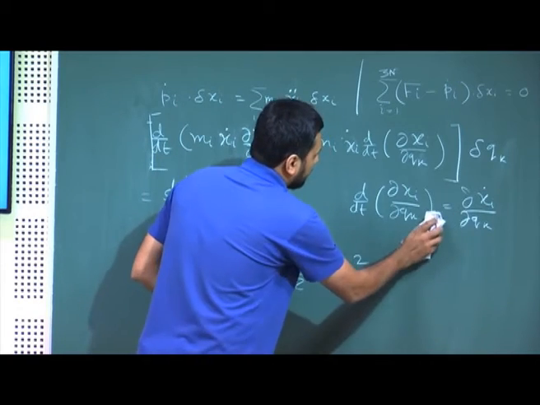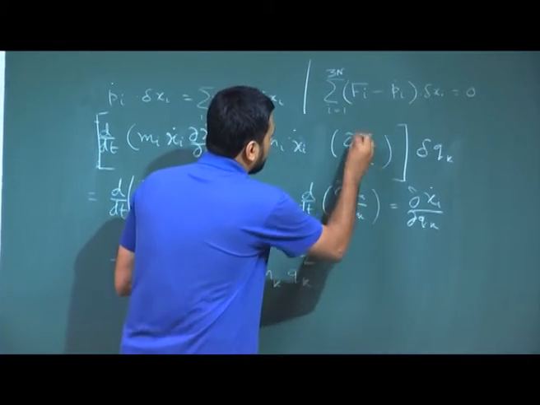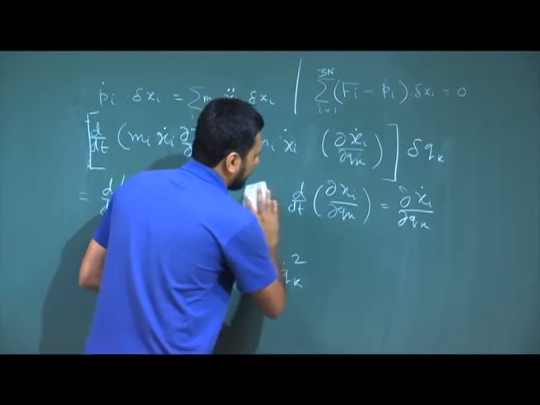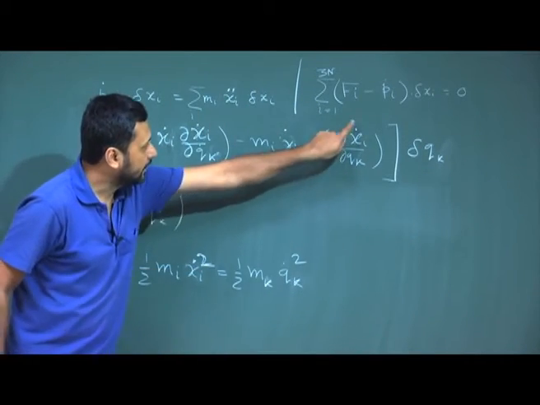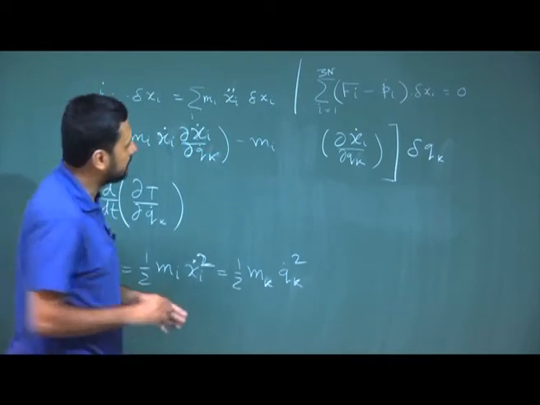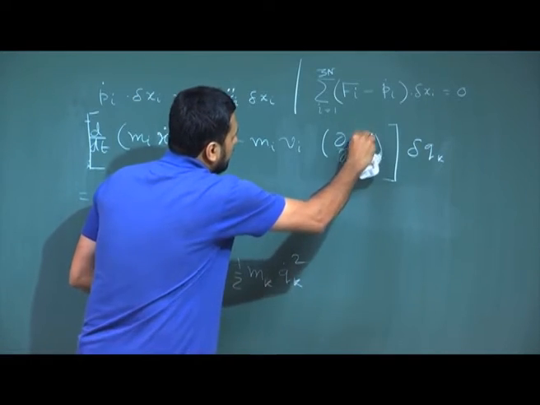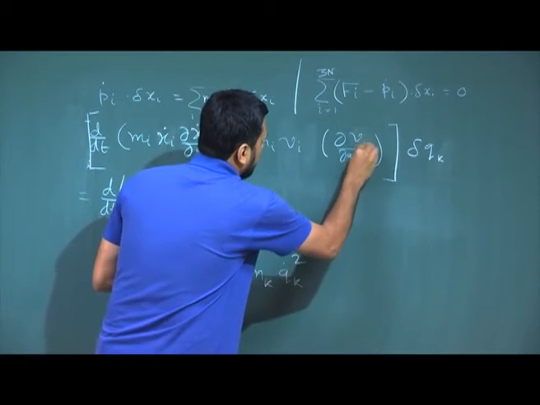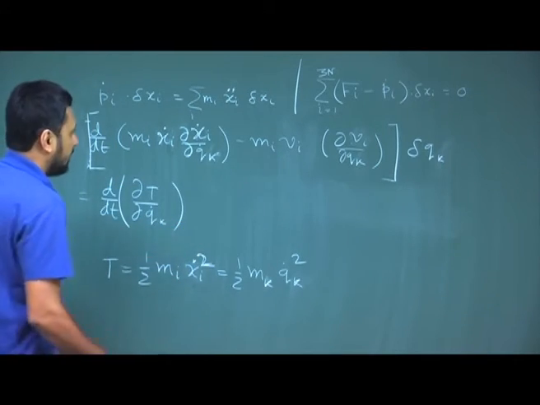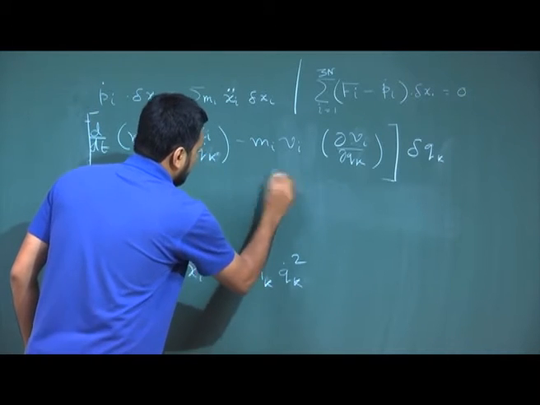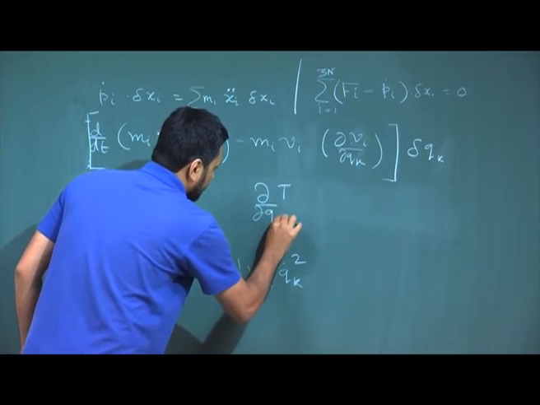So, using this, we can get rid of this ddt term here and put this on xi. Once again this is xi dot, so we replace it with vi here and vi here, and we identify this term as the derivative of T with respect to qk.